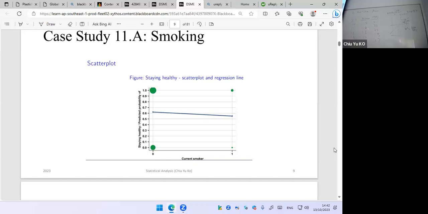So the scatter plot only has 4 different points. How to represent the count is the size of the dot: the bigger the dot, the more data points there. So it means very few people who are smokers actually stay healthy. Suppose this is 1 cm and this is 3 cm, that means there are 3 people here and 1 person here. Same goes for here and there.